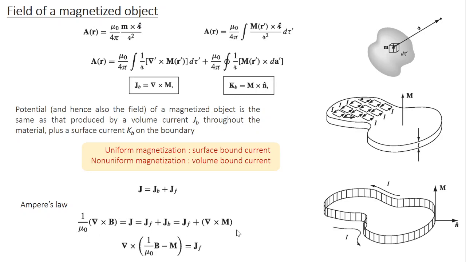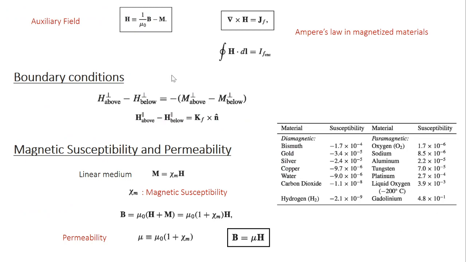On both sides I have curl terms. So let me combine them together and write curl of (B by mu naught minus M) equal to JF. Now this term inside the bracket, 1 over mu naught B minus M, is an important parameter known as the auxiliary field.